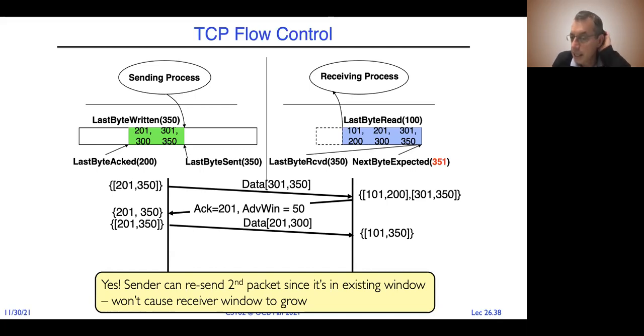Absolutely, and that's exactly the purpose, the goal of having this last byte read. The ultimate receiver is the receiving process. So if the receiving process, for some reason, cannot consume data, the sender shouldn't send faster.